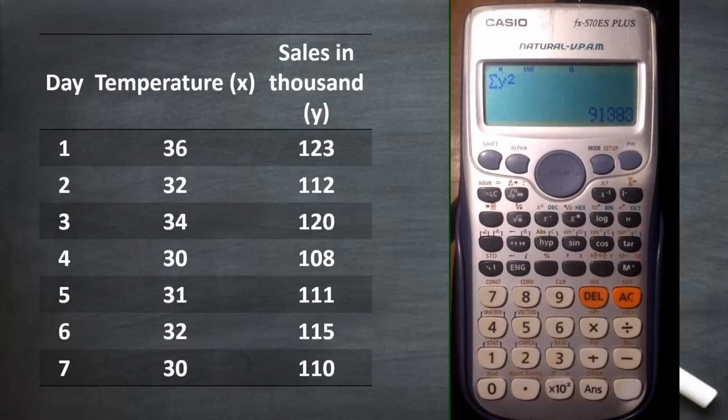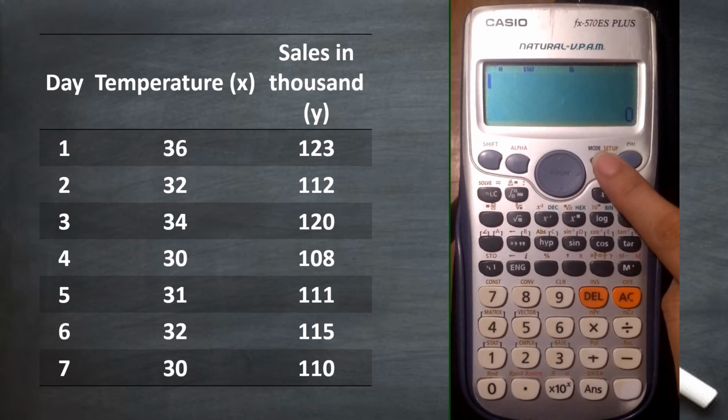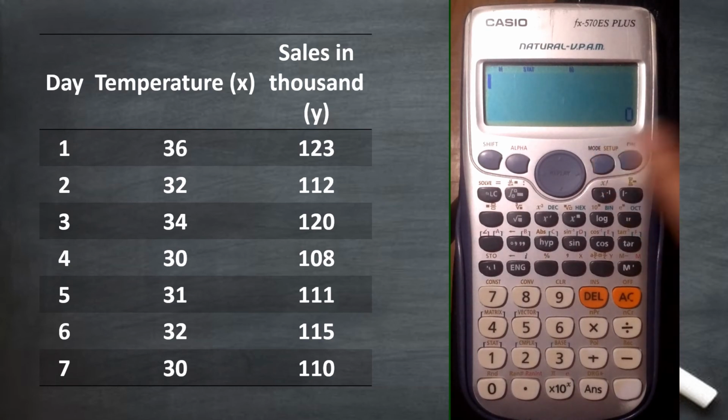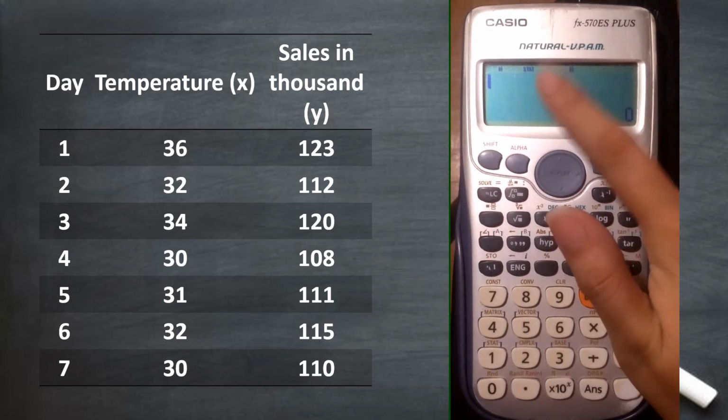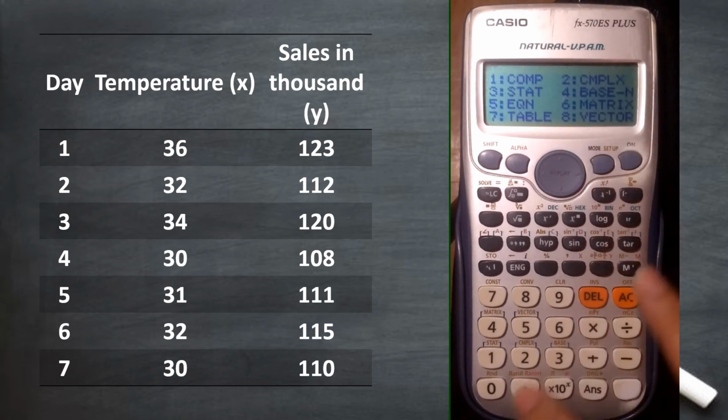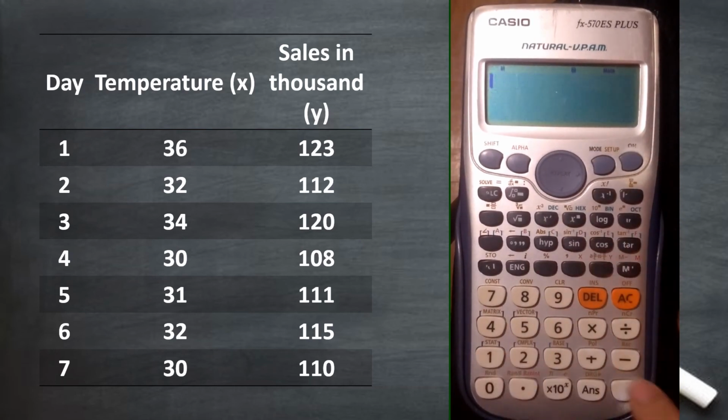So that's it for the shortcut method in getting the summation of all those variables. And then to go back to the standard mode of your calculator, you just have to press mode and then compute, which means COMP. Then that's it, okay.